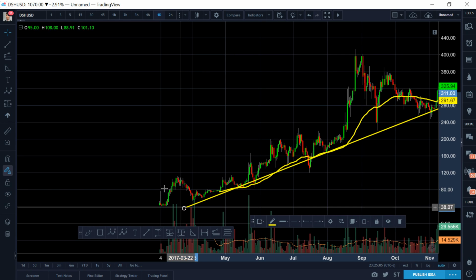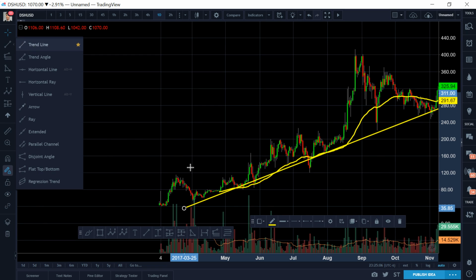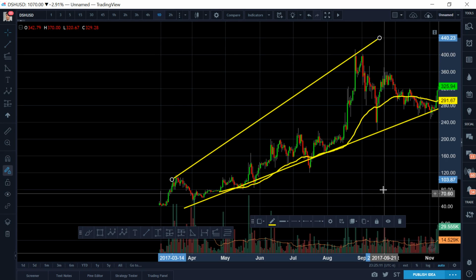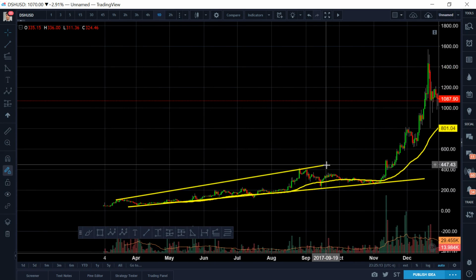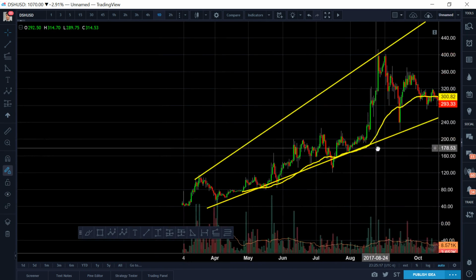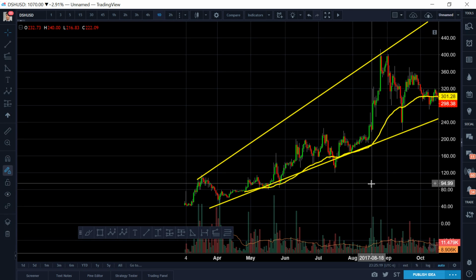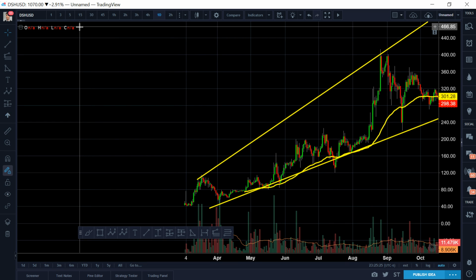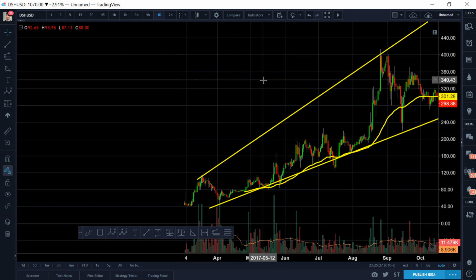Yeah, like that. That's how I did the TA. That's how we knew it was going to skyrocket. See? This is called an expanding diagonal, guys, okay? An expanding diagonal. And we see these in a massive, massive primary trend.